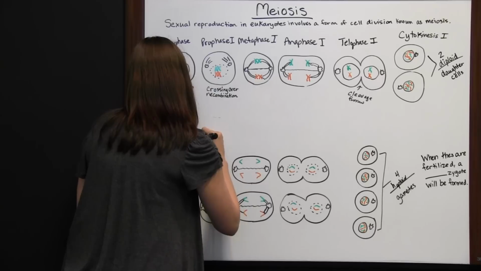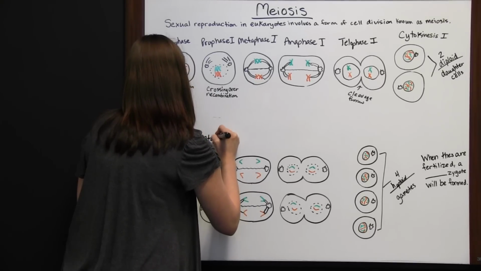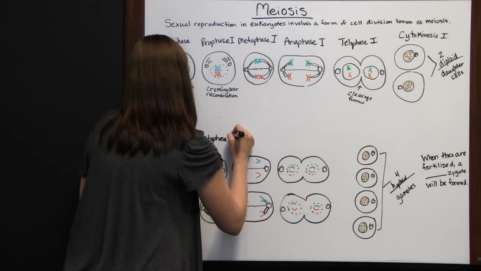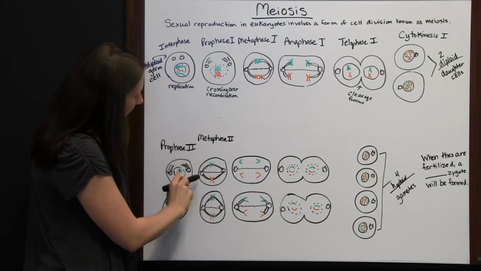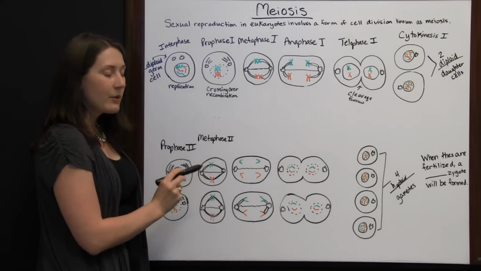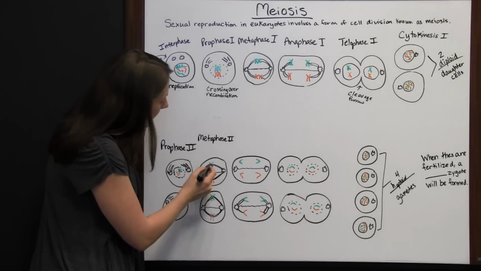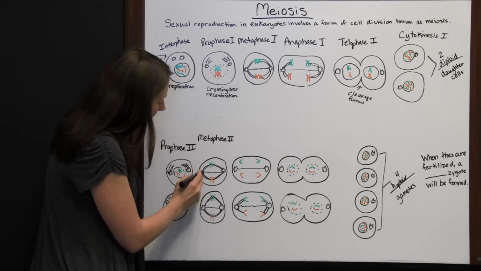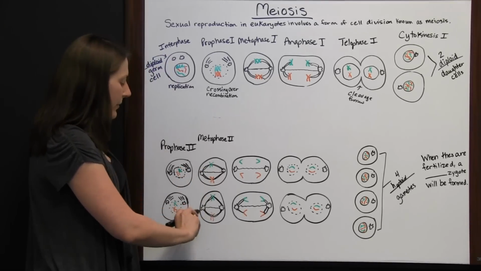In the next phase, we've got metaphase 2. You can see that the chromosomes have lined up along the equatorial plate in both of these daughter cells. The microtubules are connecting them to the centrosomes, and they're going to start pulling apart.